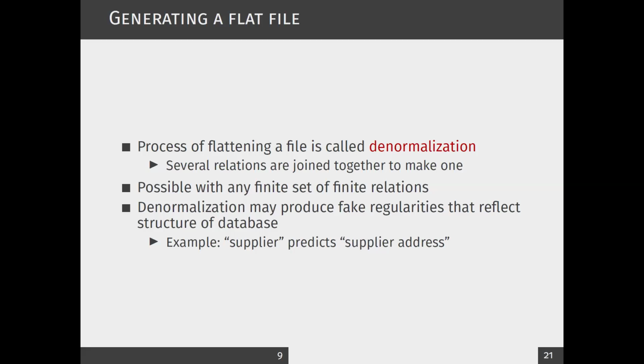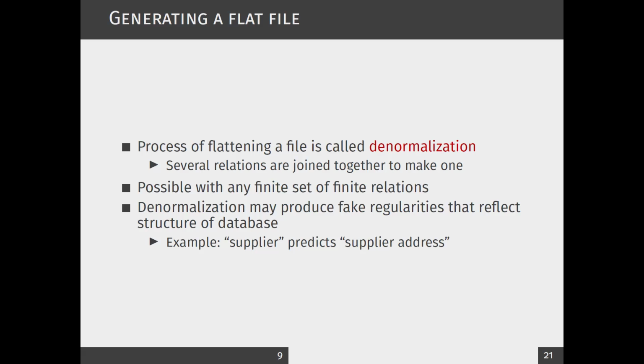Okay, so any data that you want to analyze, we have to start as a single, what we call a flat file or a single table. In databases, especially in relational databases, we separate the data into several tables, and whenever you need it, you combine them, right?